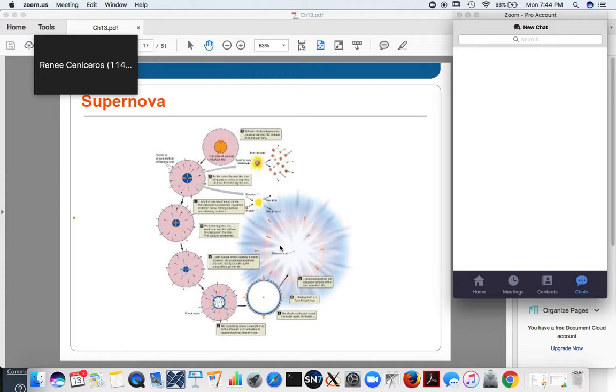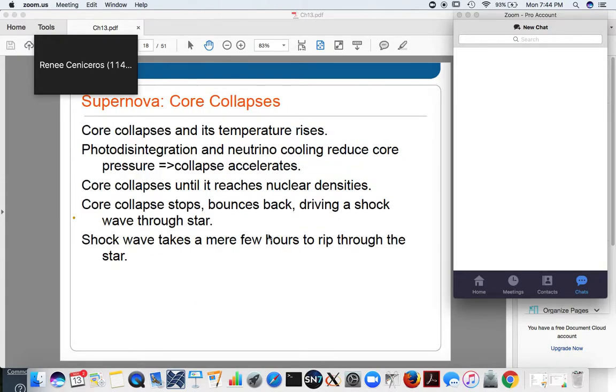And here's a depiction of this supernova. Those are the steps in this collapse.